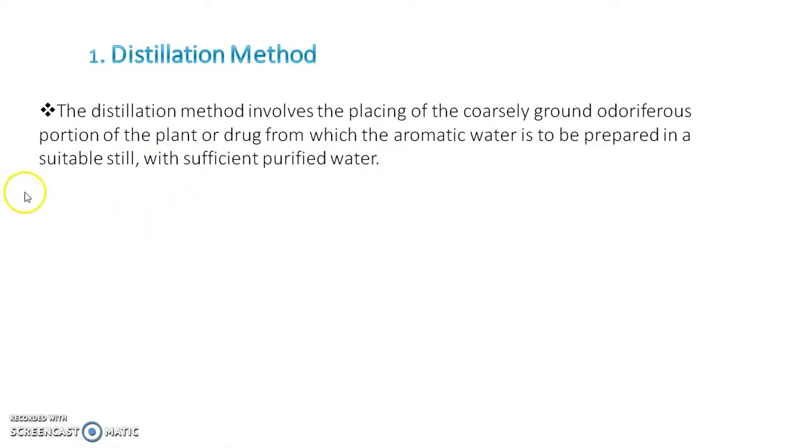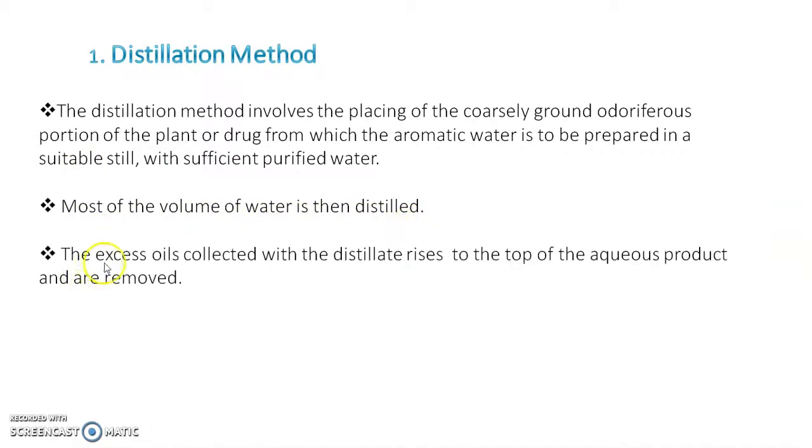We place the coarsely ground portion of the plant or the drug into the suitable container, and in this we put a little bit of water. Most of the volume of water is then distilled, and then the excess of oil collected with the distillate rises to the top of the aqueous product and is removed.